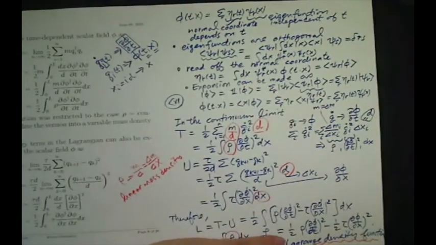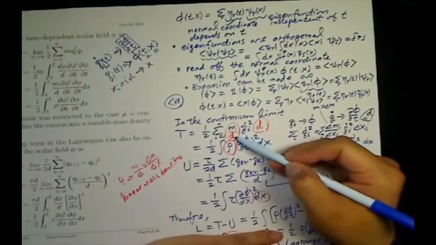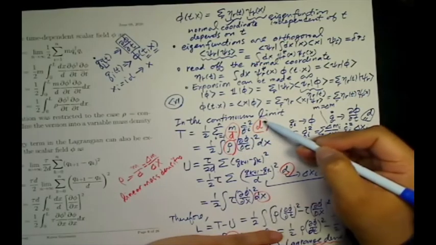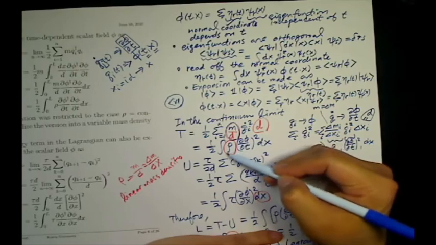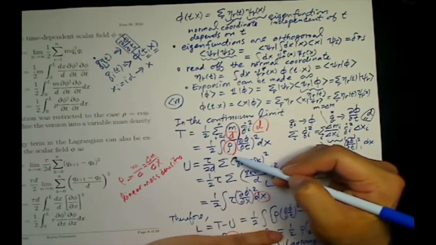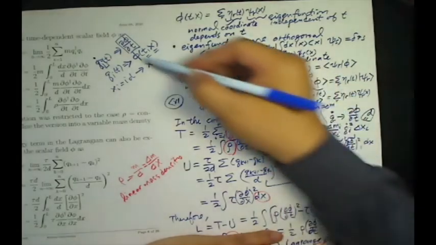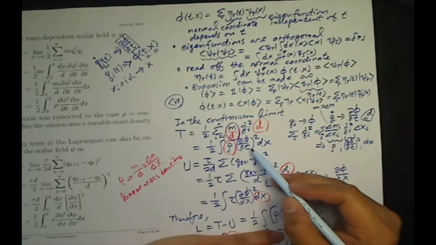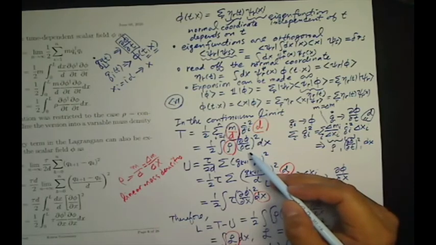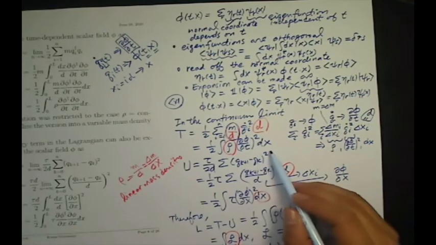Okay? Therefore, in the summation, we divide by d and multiply by d. Then we find this is m over d, the linear mass density, and this is the partial derivative. As I have already stated, this is to be replaced with the partial time derivative of the field squared, integrated over x.